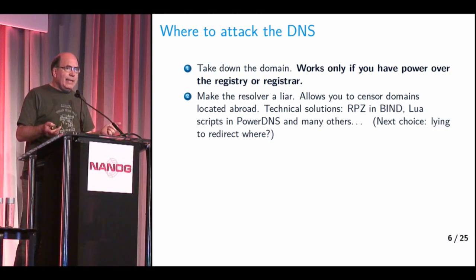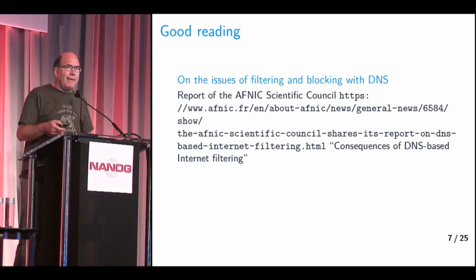If you use PowerDNS, you can add Lua scripts and hooks in every place in the DNS resolution process. So this script can do whatever you want, or more exactly, whatever you can program in Lua. And once you have decided to have lying resolvers, you can decide either to give an error code or to redirect to something else, somewhere.